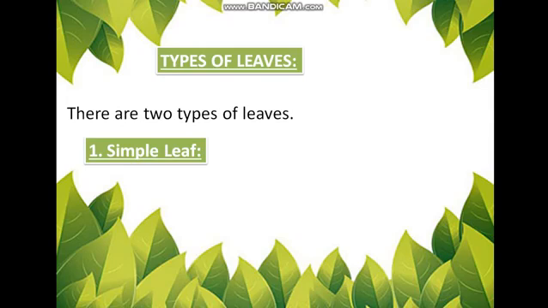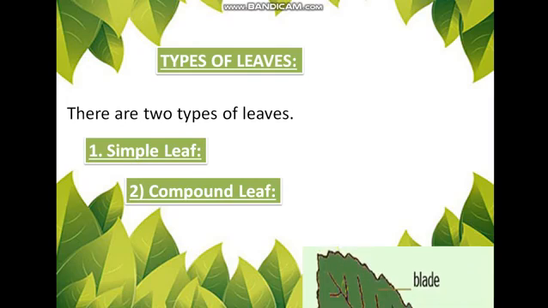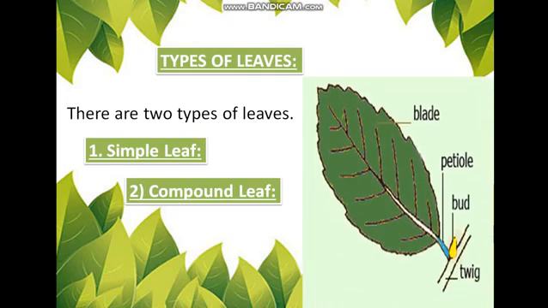One is called a simple leaf, the other is called a compound leaf. Now just see the structure of a leaf. These margins are called the edge. This whole part is called the lamina. And this is called the leaf stalk, from where you hold the leaf.